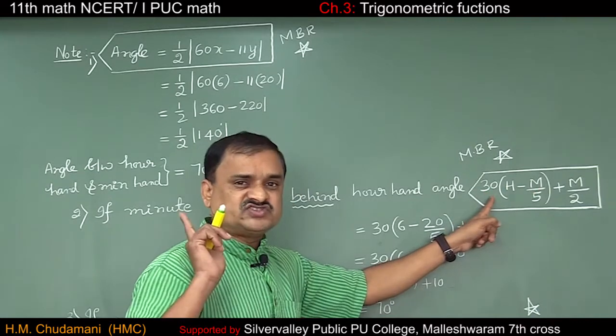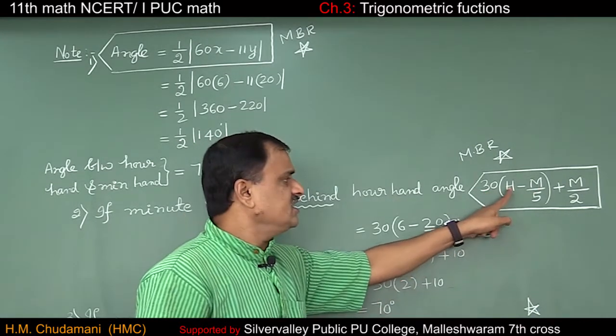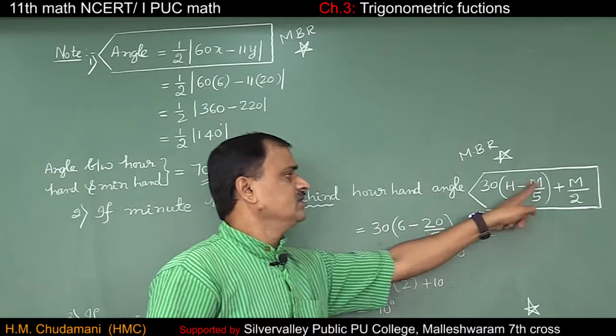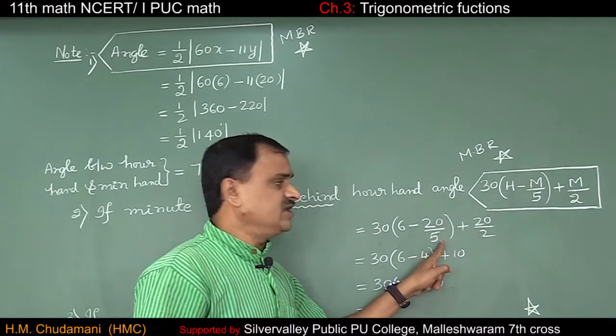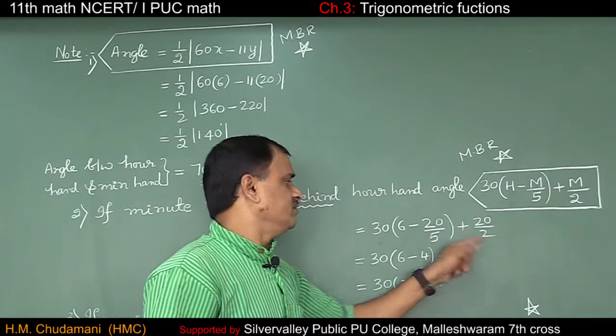So here at 6:20, 30 into the hour, 6, minus 20 divided by 5, plus 20 divided by 2.